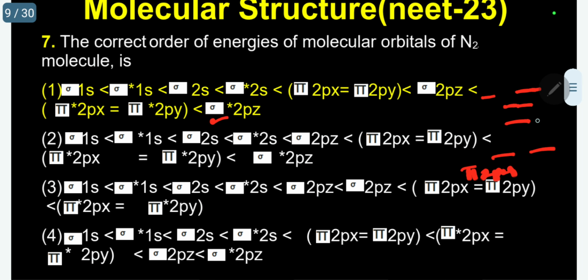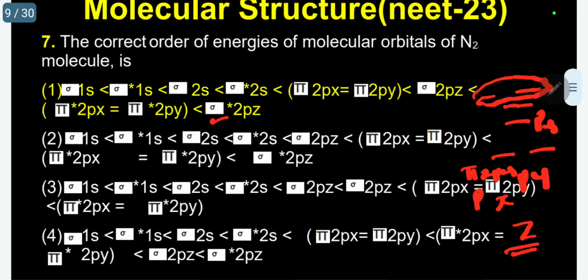So this is z, pz. So this is x, this is y, px, py. That means pi 2px, pi 2py here. So when you go to the last one at the top here, you consider pi, that is, z is considered as the molecular axis. So x and y should be the highest level.